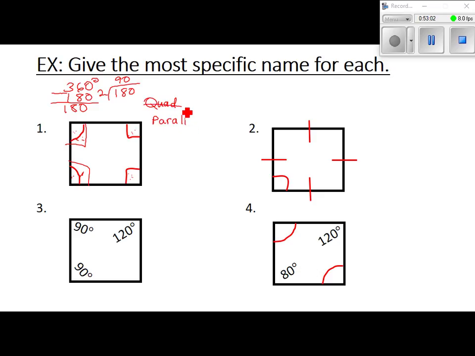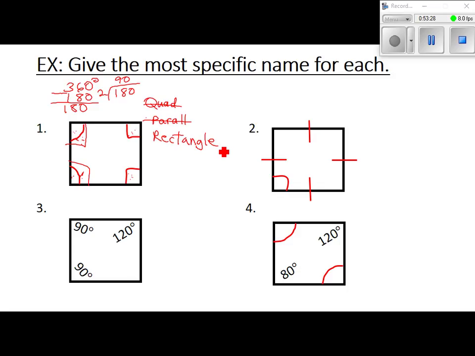They want the most descriptive name, so we're just going down the chart. Then we check to see if it's a rectangle. To be a rectangle, it's got to be a parallelogram, and it's got to have a right angle in it. Well, this one does have a right angle, so parallelogram isn't the most descriptive name. We write in rectangle, that could be the most descriptive name, but we go on and we check. The next thing we check is to see if it's a rhombus.